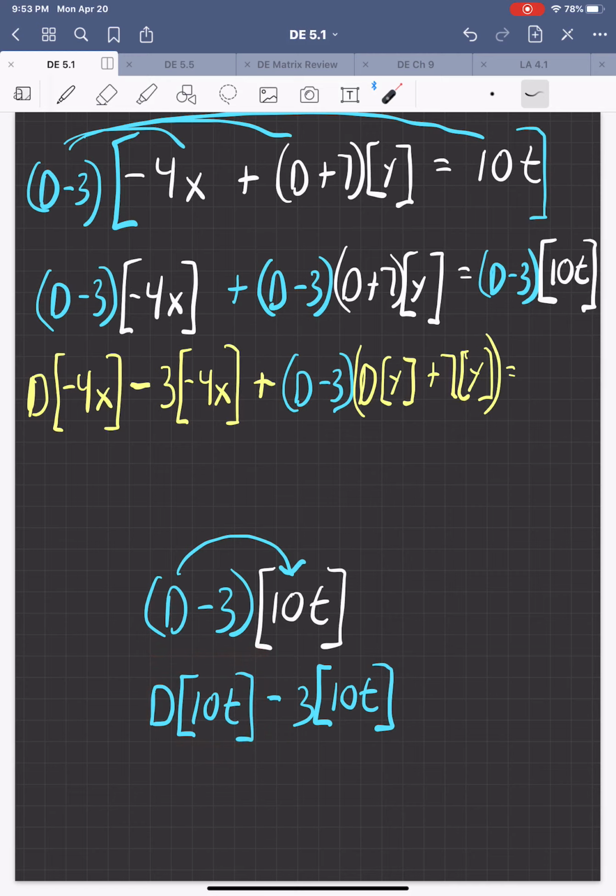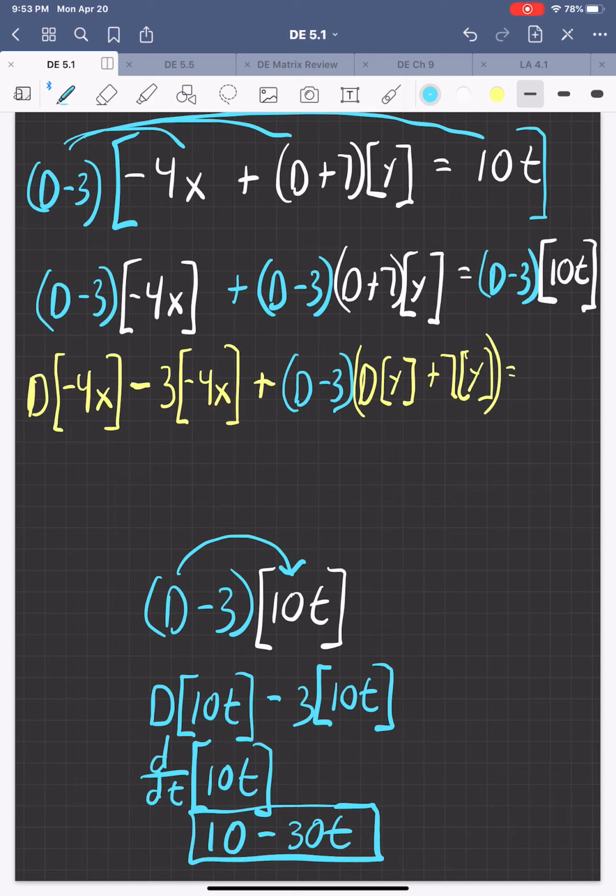Remember, we interpret it as d/dt operating on 10t. So you actually can take the derivative with respect to t of 10t and just get 10. Does that make sense? And then, of course, we would have 3 times 10, which is 30, so it's minus 30t.